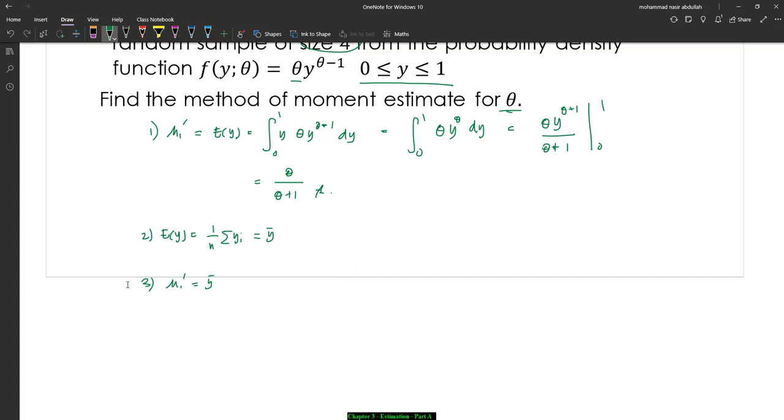So this one should be y bar equal to theta over theta plus 1.